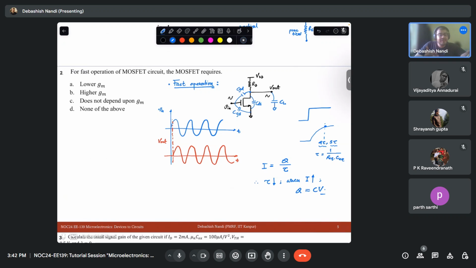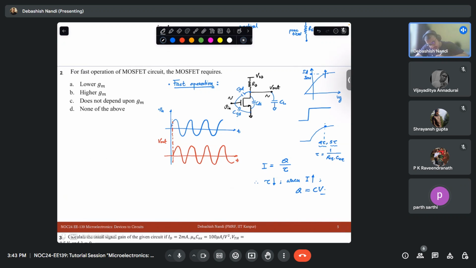You remember we discussed in digital our ID-VG, that I want my I on to be higher for faster operation of the circuits. This is the same case and can be translated into the analog domain very easily.